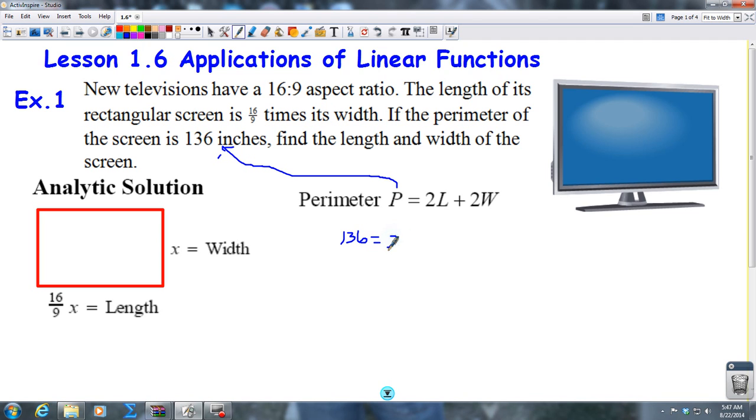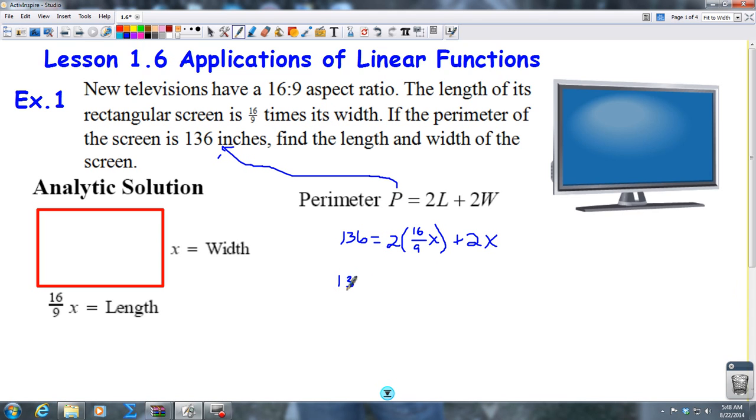They told us that the length is 2 times L, and the length from our picture turned out to be 16/9 times x. We're also going to add on 2 times the width, and the width, according to our picture, turned out to be x. First, we multiply 2 times 16/9.